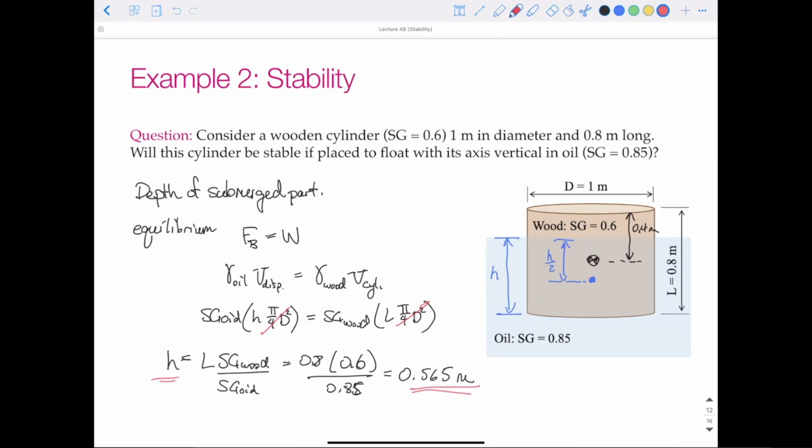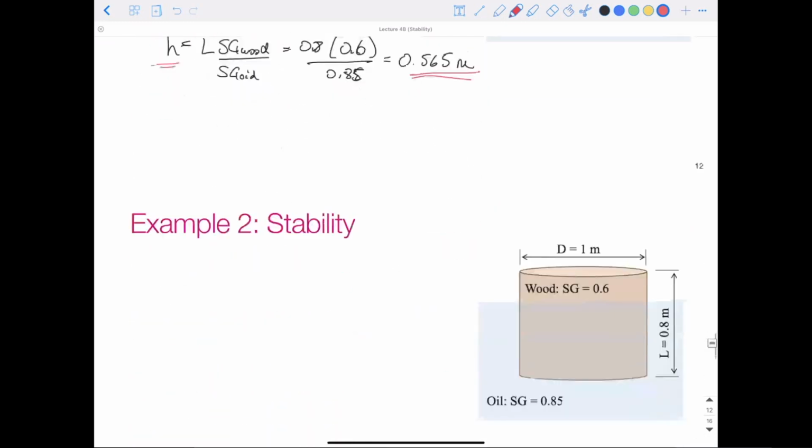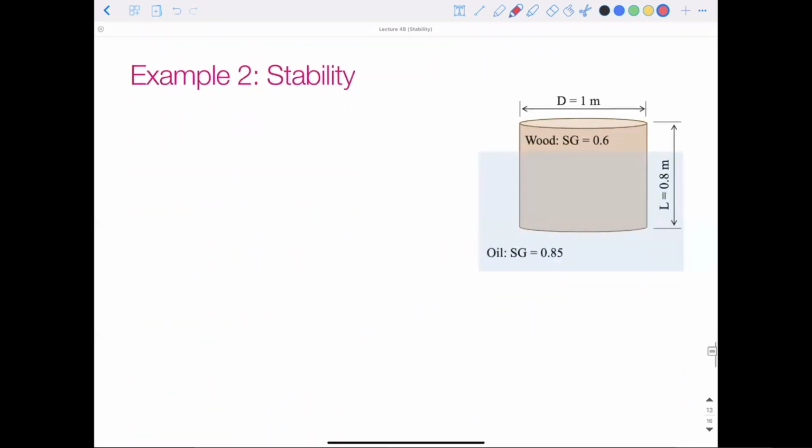So we know h. We solved for that equilibrium for buoyancy, so we know how deep this object is floating in the water if it maintains this position. Now we have to find the distance of the center of buoyancy to the center of gravity. So let's draw it again here.